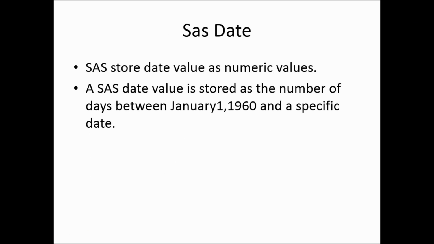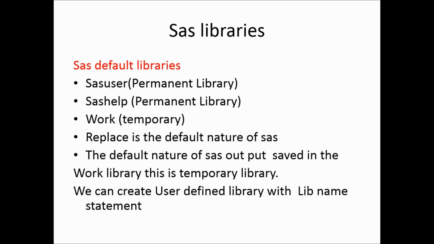Right now just remember SAS stores date values as numerical values by default, in the form of numbers from January 1960 onwards. You just remember this slide; I'll explain it in future.